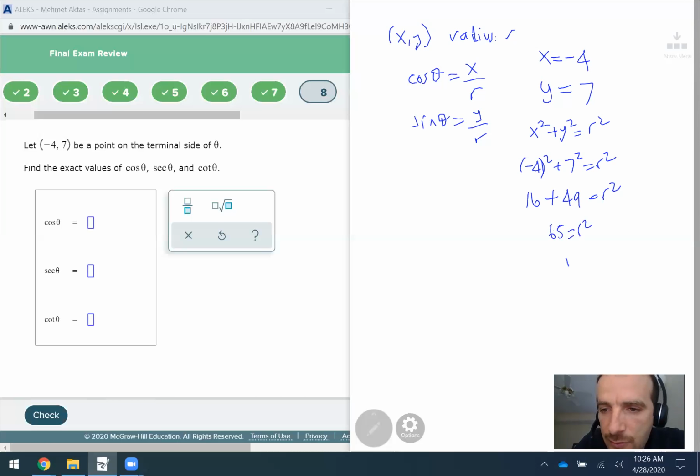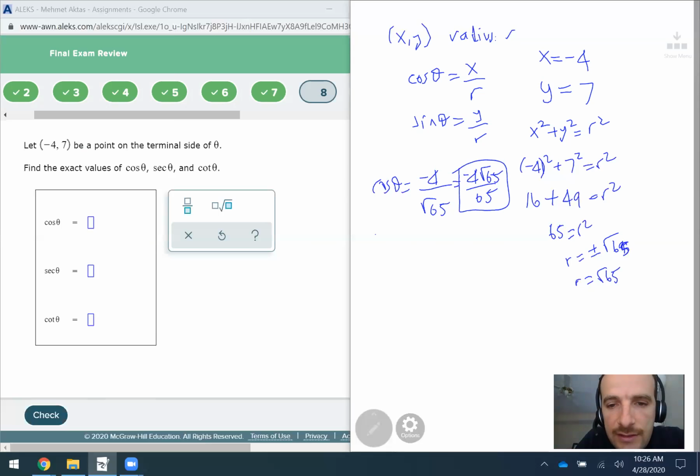R is equal to plus or minus root 65. But of course, a radius cannot be negative, right? So r is equal to root 65. With that, cosine theta is x over r, -4 over root 65. Let's rationalize it: -4 root 65 over 65.